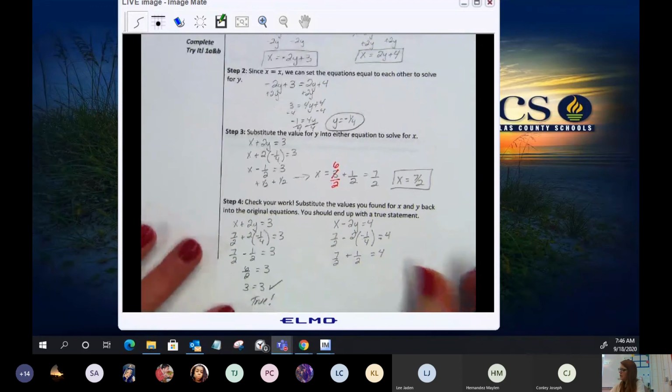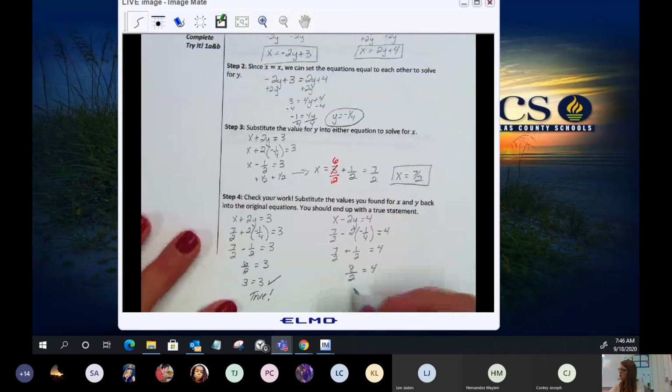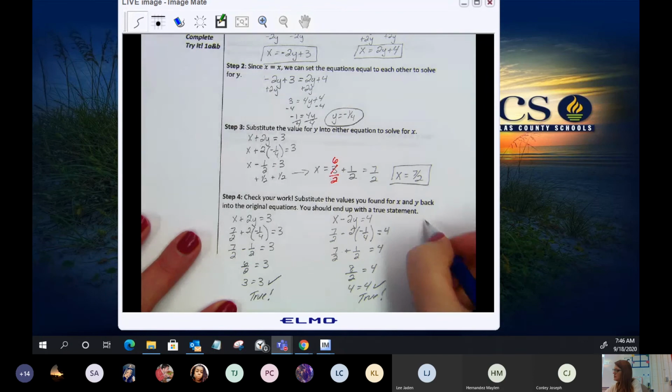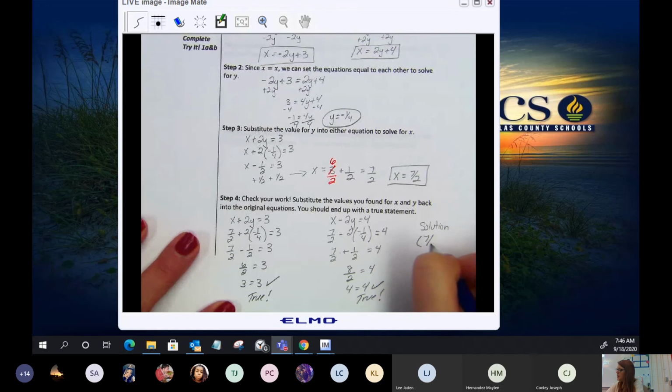Does that equal 4? 7 plus 1 is 8, so we have 8 halves equals 4, and 8 divided by 2 is 4, and ta-da! That is true. So that means the solution is the ordered pair 7 halves and negative 1/4.